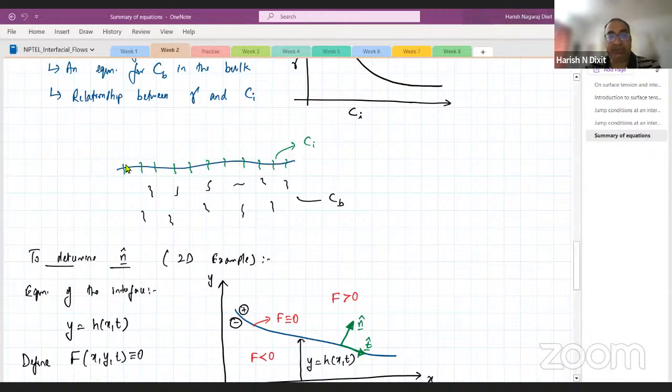Now, if you imagine for simplicity that this surface is absolutely flat, then the surface gradient would be only variations along the surface.